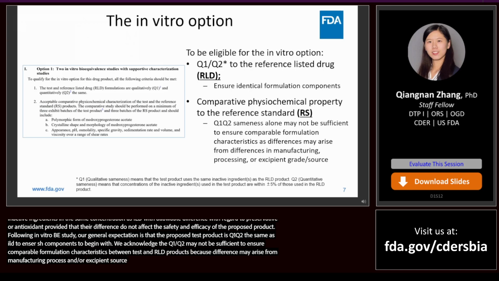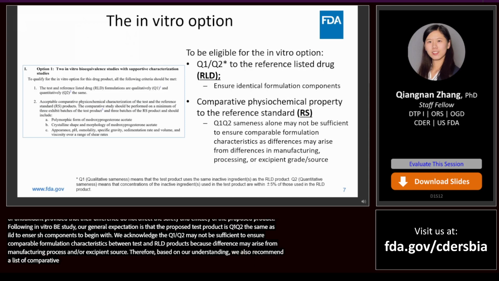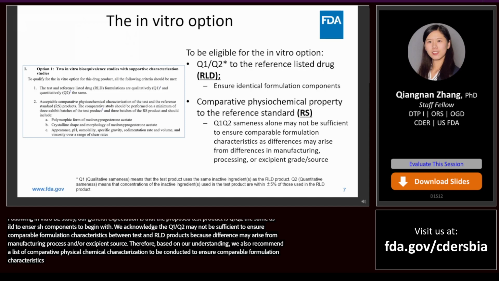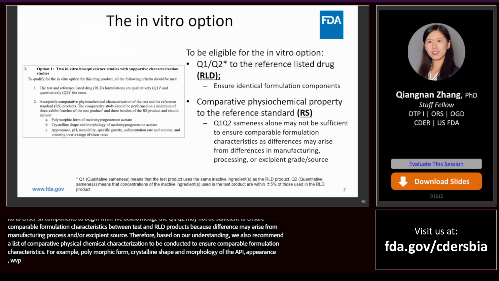Therefore, based on our understanding, we also recommend a list of comparative physicochemical characterization to be conducted to ensure comparable formulation characteristics. For example, polymorphic form, crystalline shape, and morphology of the API, appearance, pH, osmolarity, specific gravity, sedimentation rate and volume, and viscosity over a range of shear rate of the drug product.